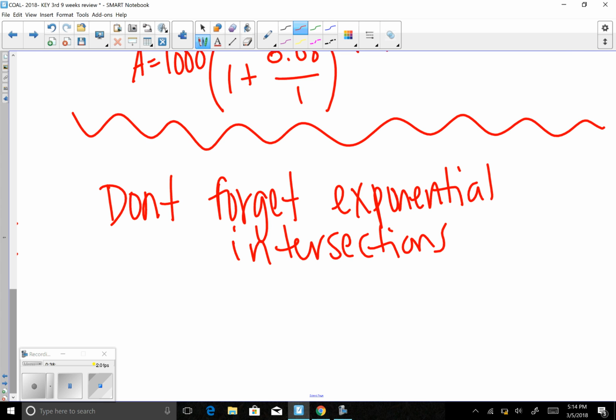We can do one. If I told you to find the intersection of y equals 2 to the 2x plus 1 power and y equals 8 to the x, do you guys remember what you would do for those?